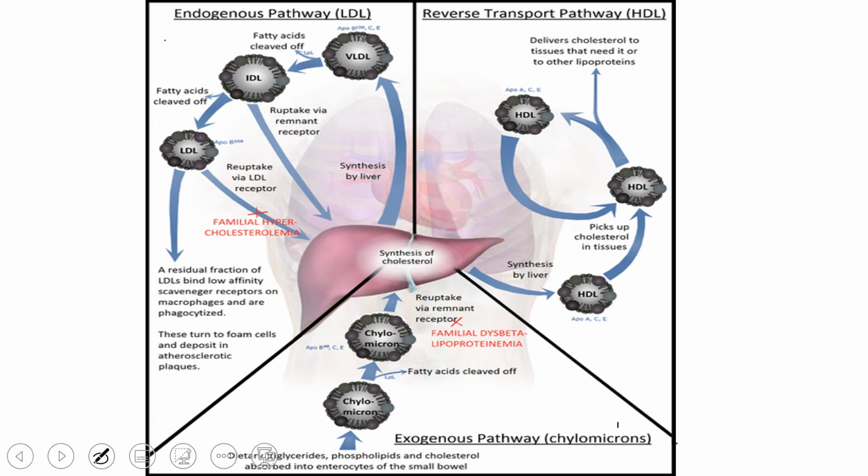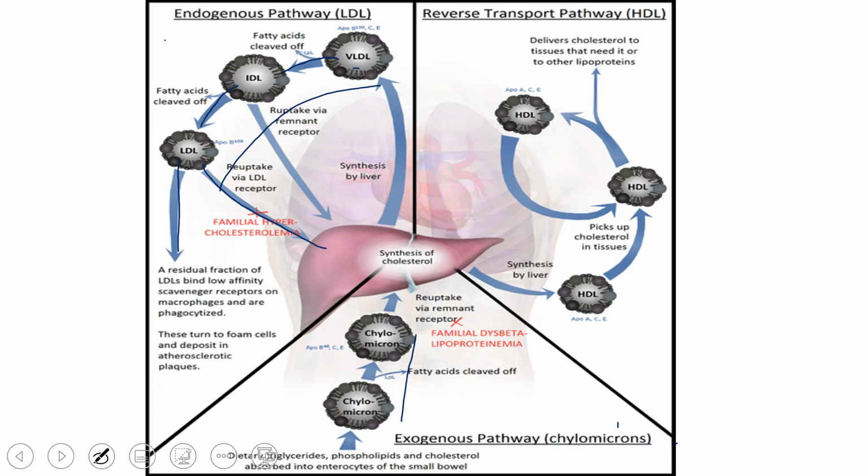Then when we synthesize any lipid, that will be in the liver. There the liver forms VLDL, and the VLDL will be released into the circulation. In the circulation it will be converted into IDL, IDL will be converted to LDL, and LDL will have two routes: either it will go to the liver or it will go to the tissue. So that is for endogenous lipids which we synthesize in our body. Exogenous is with the help of chylomicron, endogenous is through VLDL, IDL and LDL, and HDL normally does the opposite process.